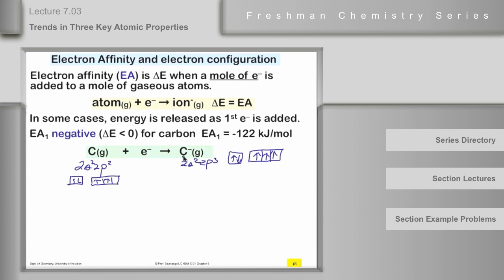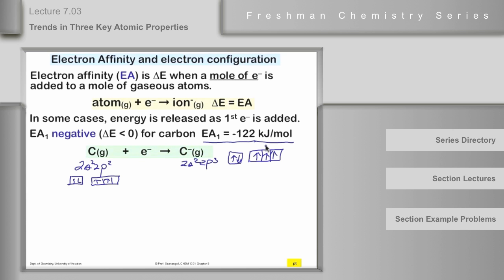So the electron configuration of the carbon anion being more stable means that the extra energy in going from up here down to here is released. And in fact, the electron affinity 1 for a carbon atom is negative 122 kilojoules per mole.